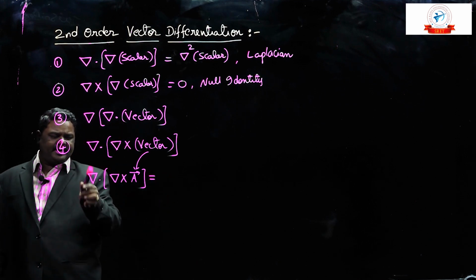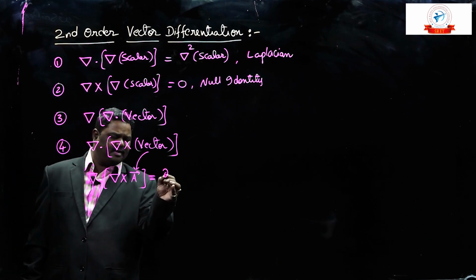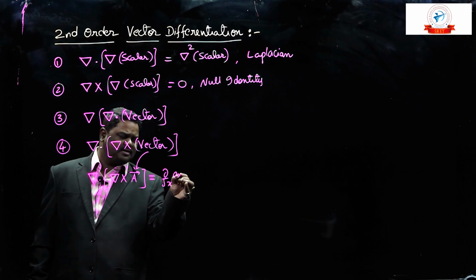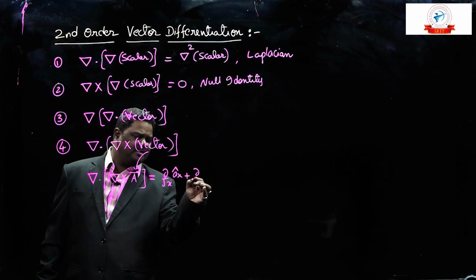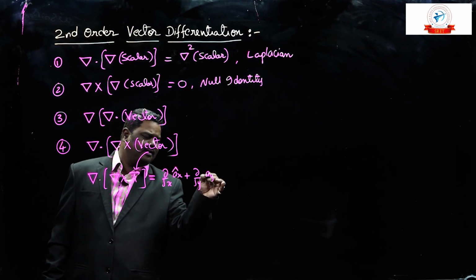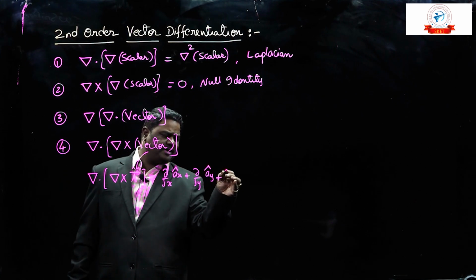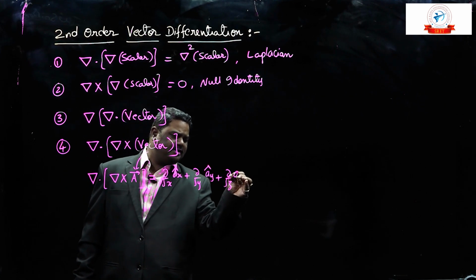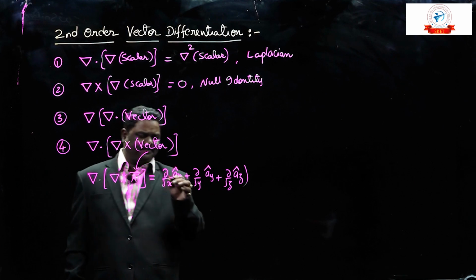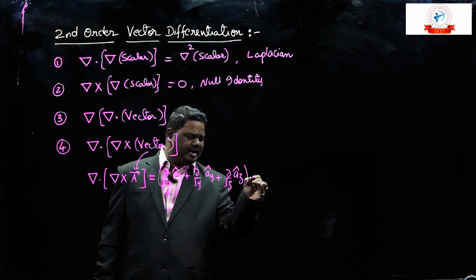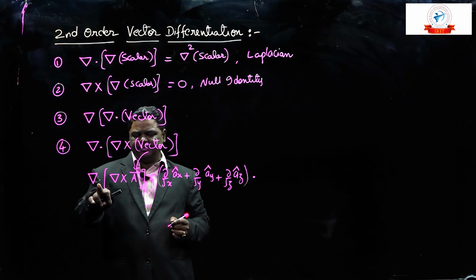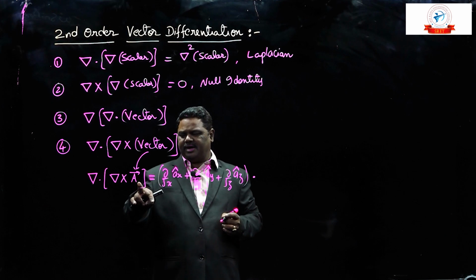So we have the del operator. Del operator is given by dou by dou x into ax cap plus dou by dou y into ay cap plus dou by dou z into az cap. This is del. We have del dot, next we have curl of A bar.